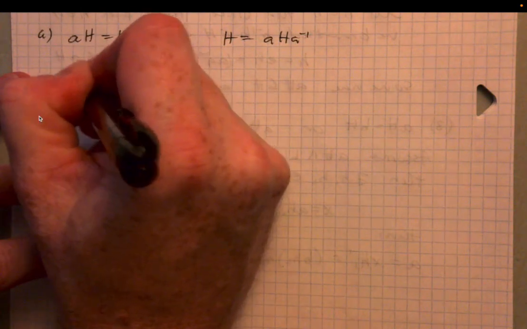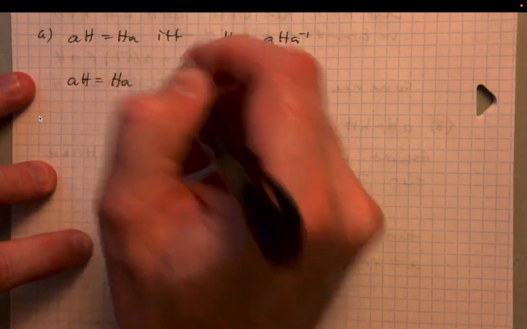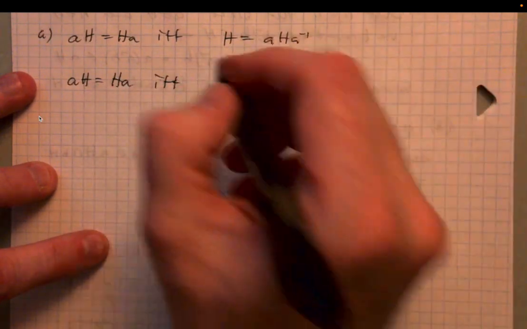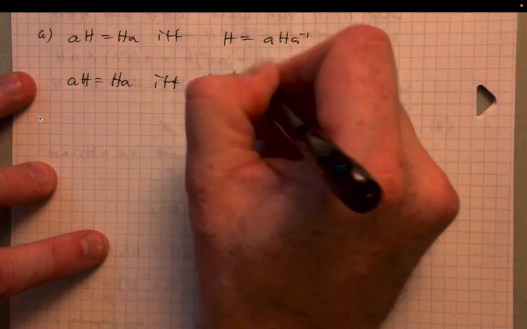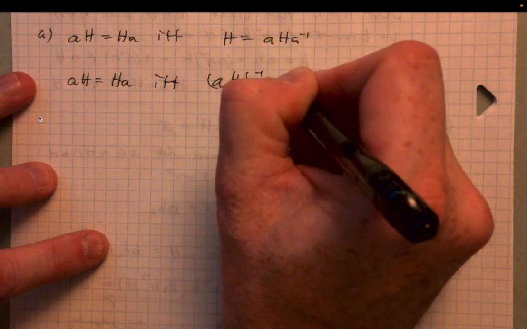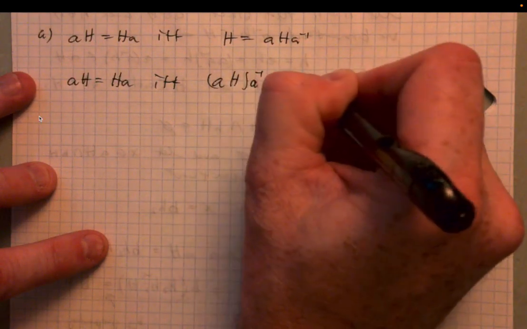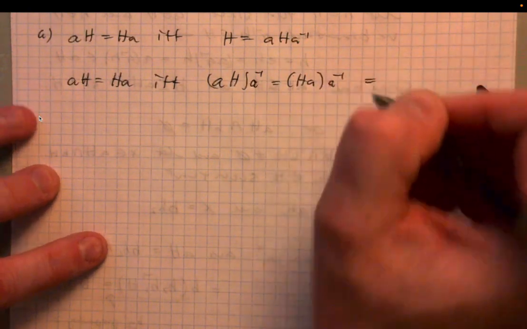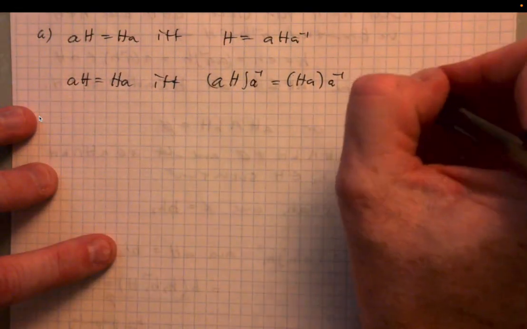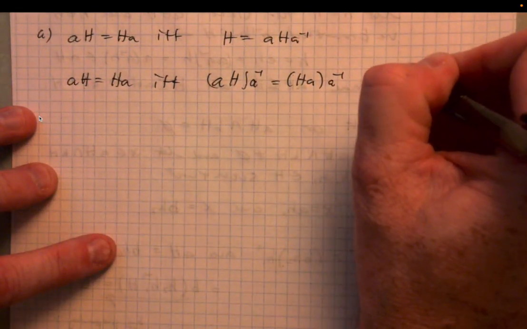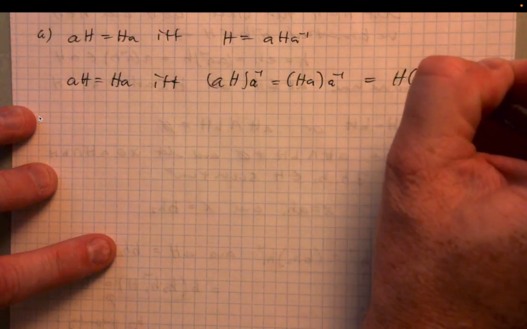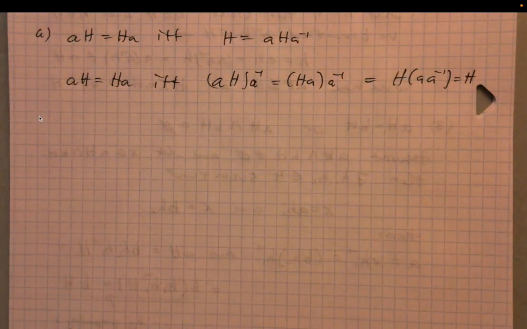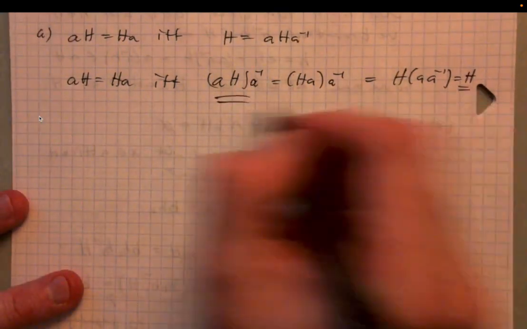Let's say AH equals HA, and we can say that's true if and only if AH, A inverse, equals HA, A inverse, which would of course be equal to HA, A inverse, which is H. Right, so you've got that equals that.